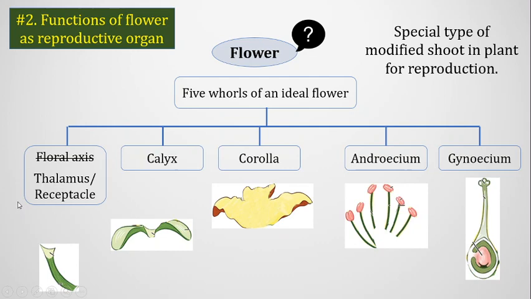In your book there is a mistake: the thalamus or receptacle is mistakenly called the floral axis, but that is not true. It should be termed thalamus or receptacle. So here we see the thalamus or receptacle, and that is calyx, that is corolla, androecium, and gynoecium. Actually, I have detached these 5 parts from the figure of the ideal flower.